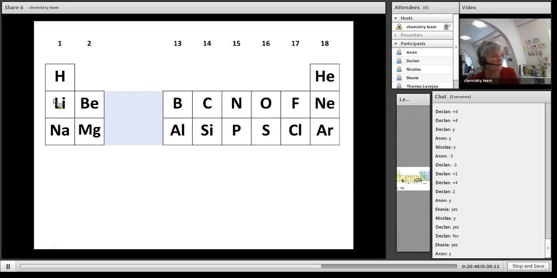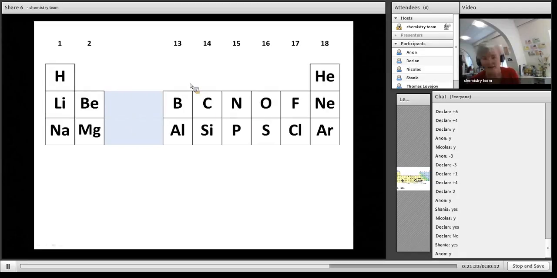And down here, lithium, of course, has 1 electron, so to get a full energy level, if it's lost it, I've got to get over here. So nitrogen can lose 1, 2, 3, 4, and then 5 electrons. So the highest possible oxidation number for nitrogen is +5. So if you've worked out +7, you've made a mistake, because it can't lose more than its 5 electrons.